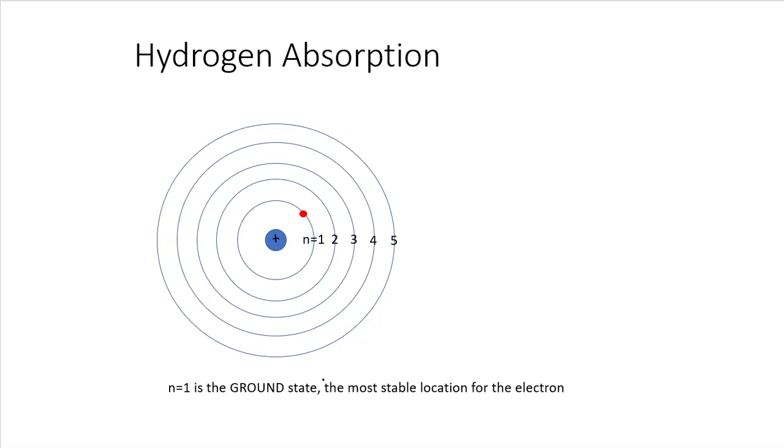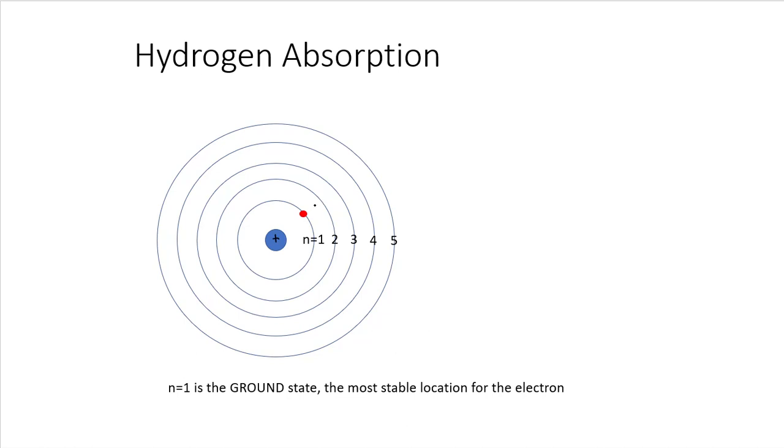But the interesting thing is there are other energy shells that exist outside of that ground state, and they are specific energy gaps away from each other. That electron can't lie halfway in between. It can only lie at the n equals 1 shell, and then it can lie in the n equals 2 shell. It can't lie in between.